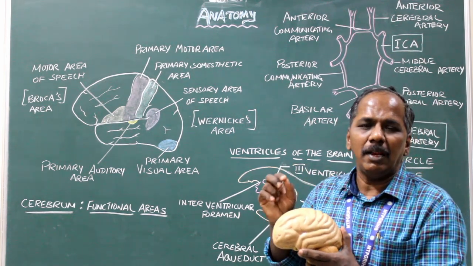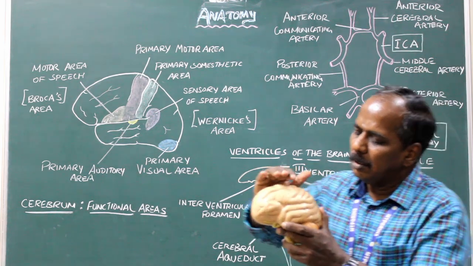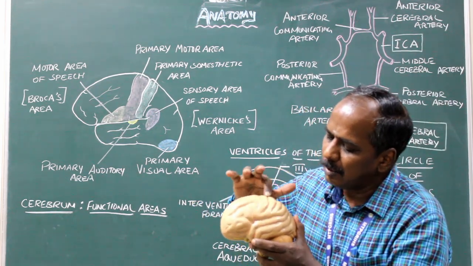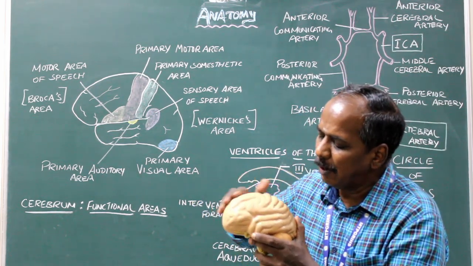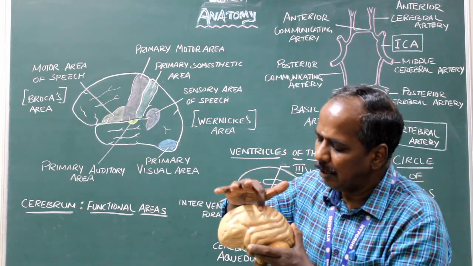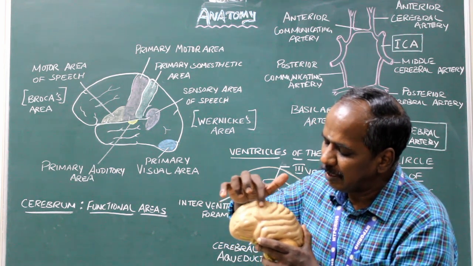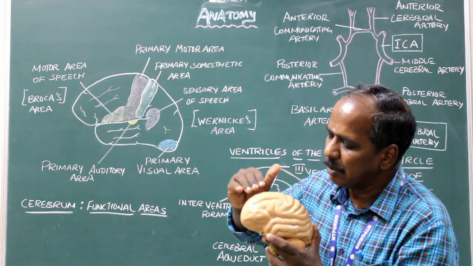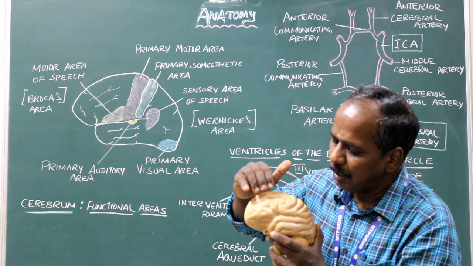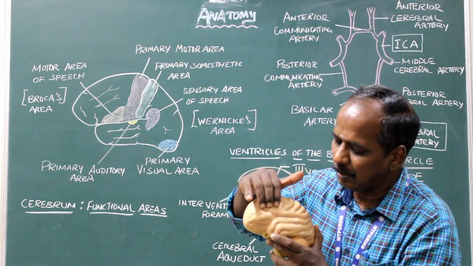Motor speech area of Broca. This is the central sulcus. In front of the central sulcus is the frontal lobe. Already we have seen the primary motor area. Near the lower end of the primary motor area, where I am touching, this is the superior frontal gyrus, this is the middle frontal gyrus, and this is the inferior frontal gyrus.